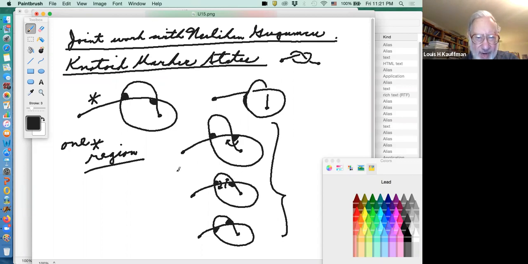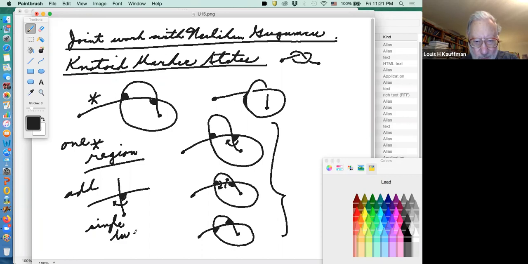And we add single turns. And then if you think about it, you'll see that the results are basically similar.